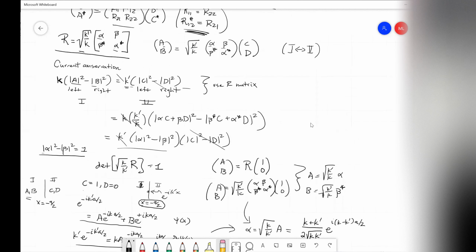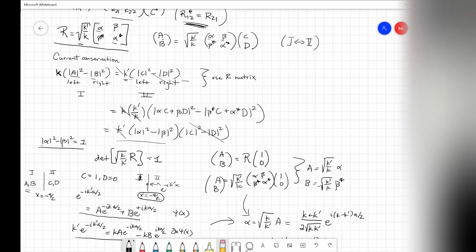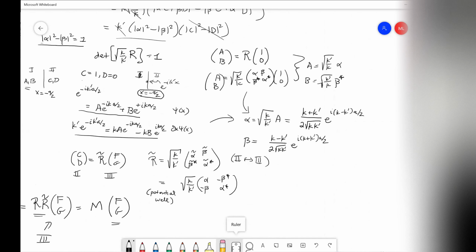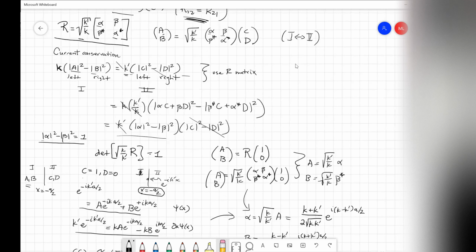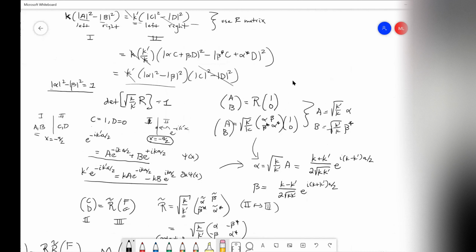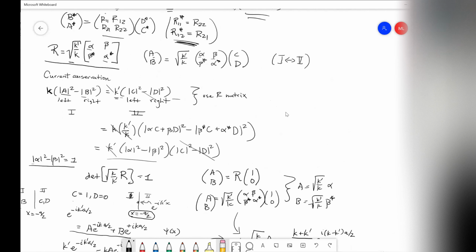It's flipped between region 2 and 3, because region 2 is now the one on the left and has K prime, and region 3 is the one on the right and has K. So when we multiply these two matrices together, R and R prime, those little normalization factors cancel out the square roots of K over K prime. This K over K prime gets canceled when we multiply by K prime over K up here in the definition for R.